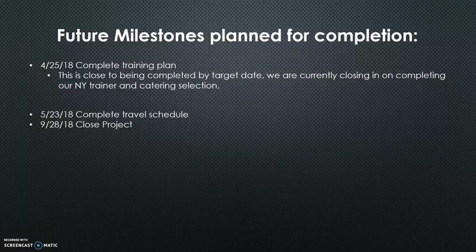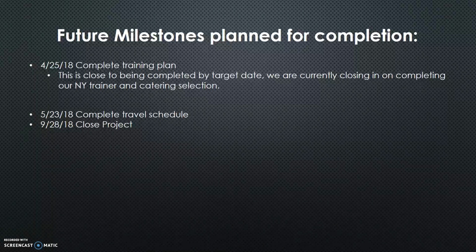Future milestones that we have coming up very soon. On April 25th, we will have the completed training plan. This will go over when we're offering the classes, for how many students, and the locations. This is close to being completed by the target date.